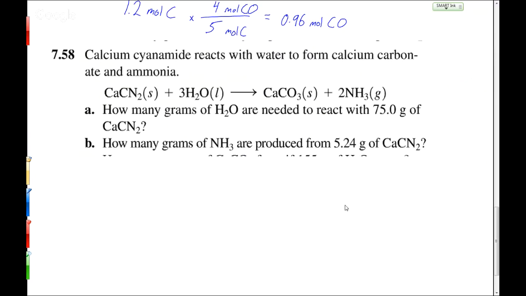So if it's just moles to moles, it's that one factor, just using the numbers in the equation to get that. Where there are extra steps is when we have to convert to mass, when we have to go to or from mass instead of moles. So let's try that. That's the next section here.